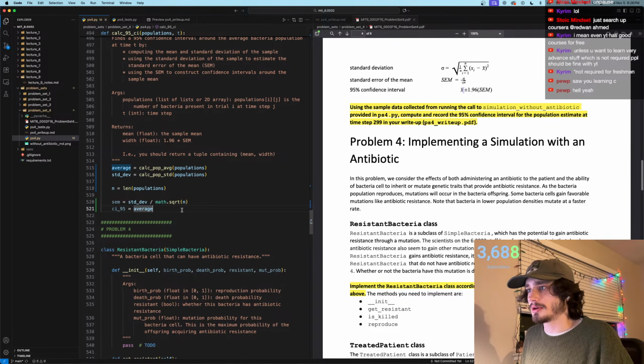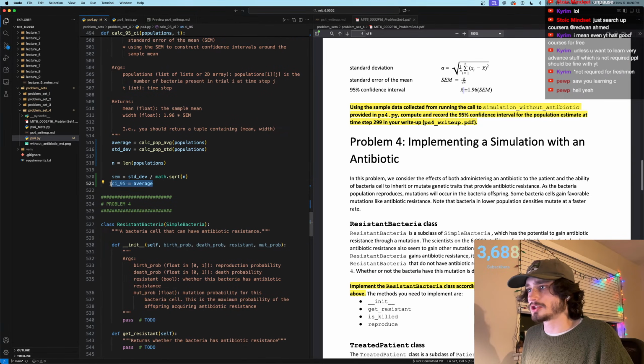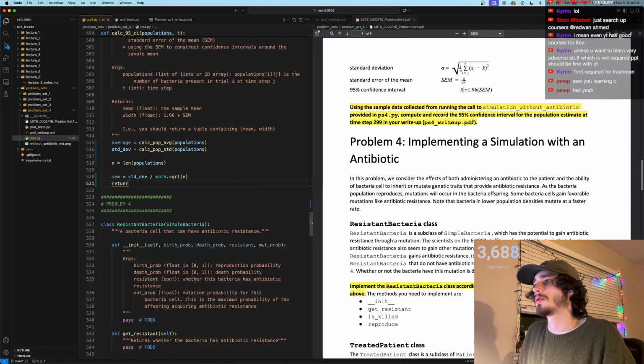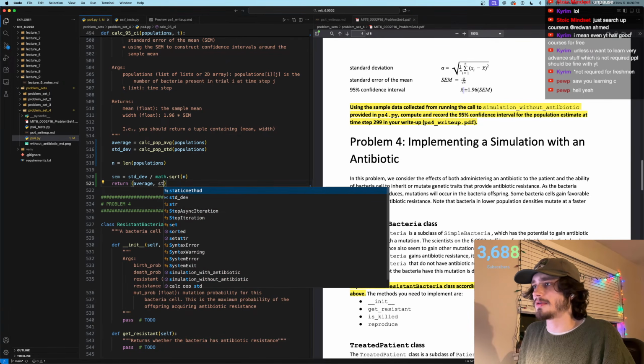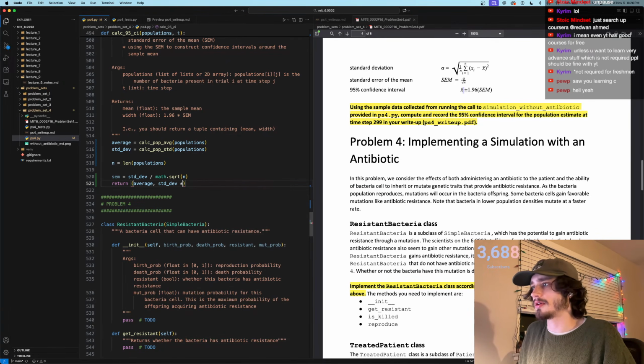So we will do this. Return a tuple of the average and the standard deviation. No, sorry. The SEM times 1.96.